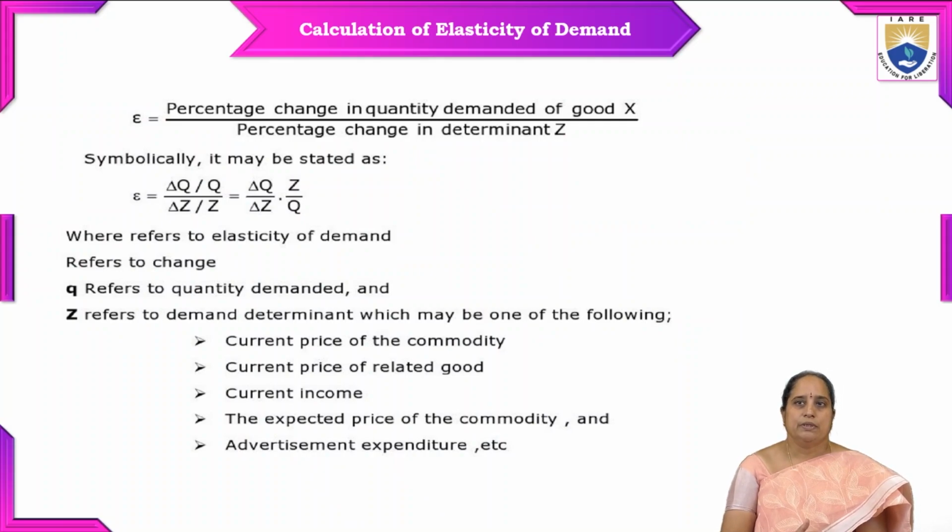The calculation of elasticity of demand is derived by this formula: percentage change in quantity demanded of good X divided by percentage change in determinant Z. Any determinant can be considered: price, income, advertising, available substitute goods, the price of other products, future price, taste and preferences of consumers, etc.